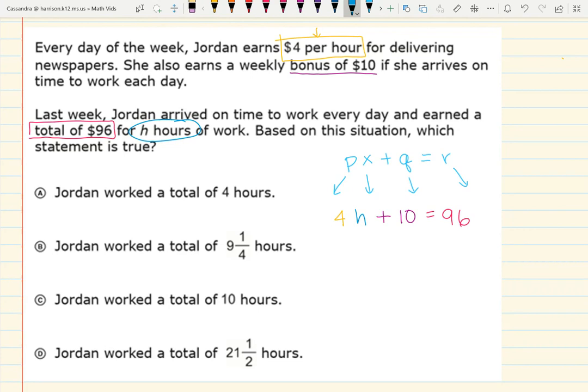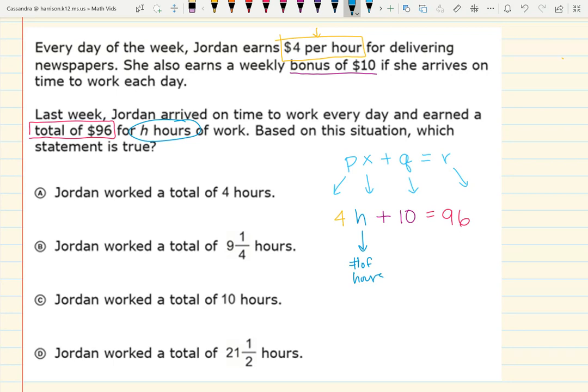All right. So let's go through and talk about what each of these numbers are and how I knew where to put them, because this is based on the situation, which statement is true, and it's asking Jordan worked a total of blank hours. So we are trying to figure out H is the number of hours, right? That's what they said here, H hours. H is the number of hours.